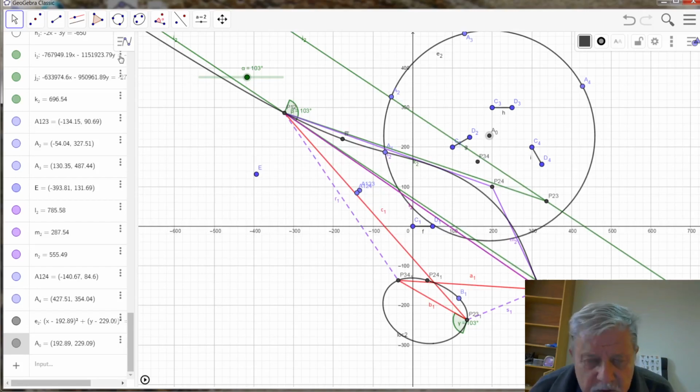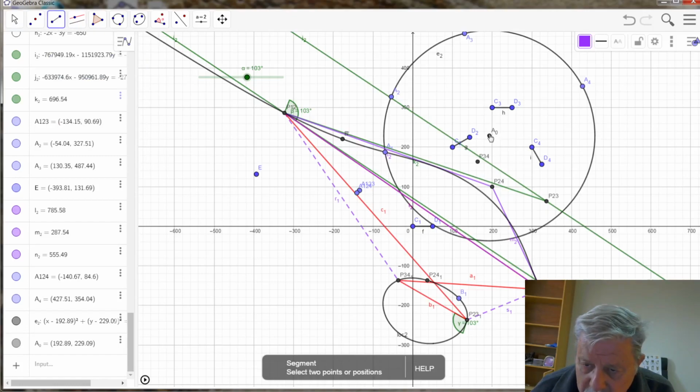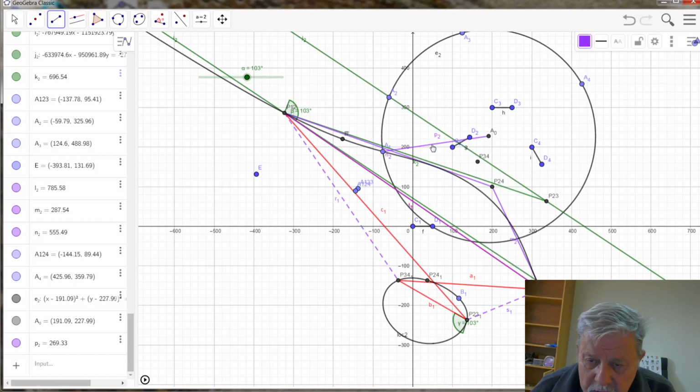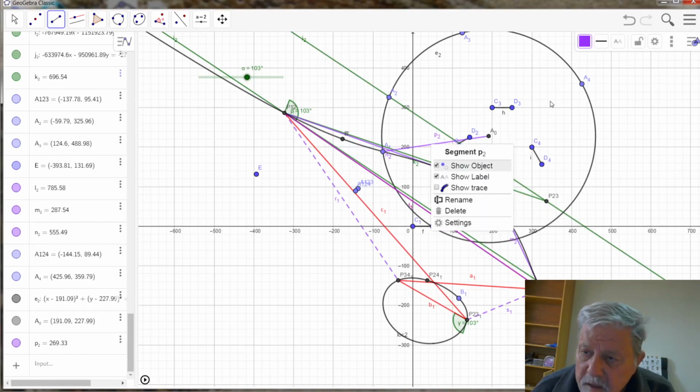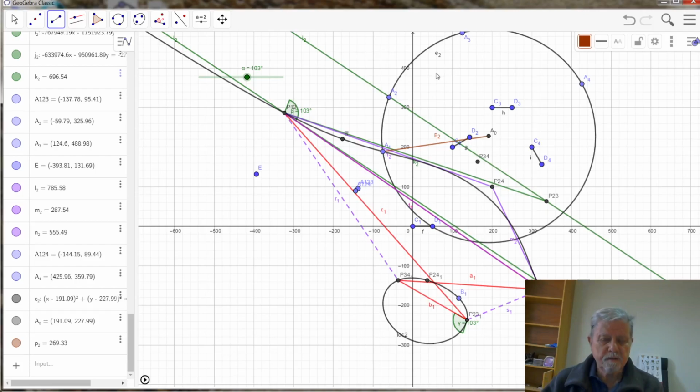Now I have one crank. I don't like its color, let me make it brown. Next, I had selected this point.